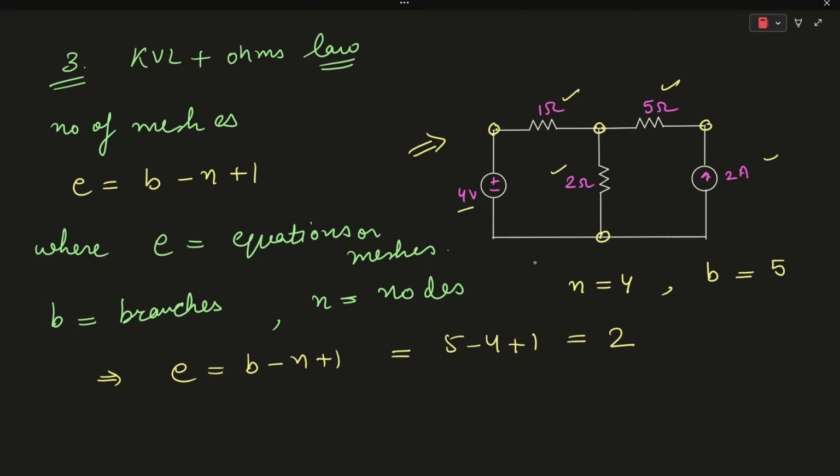From the network also, we can clearly see there will only be 2 meshes. This will be the first mesh, and this will be your second mesh.